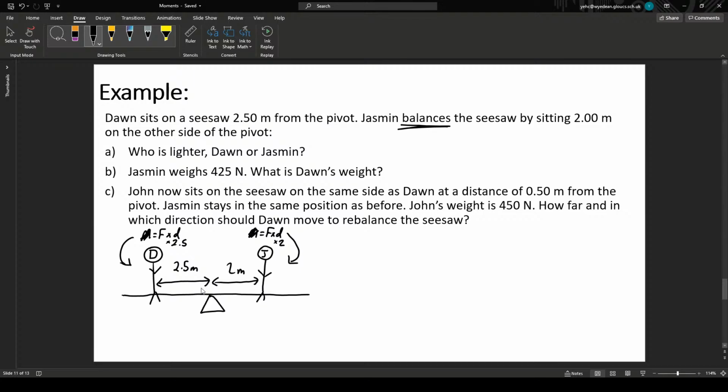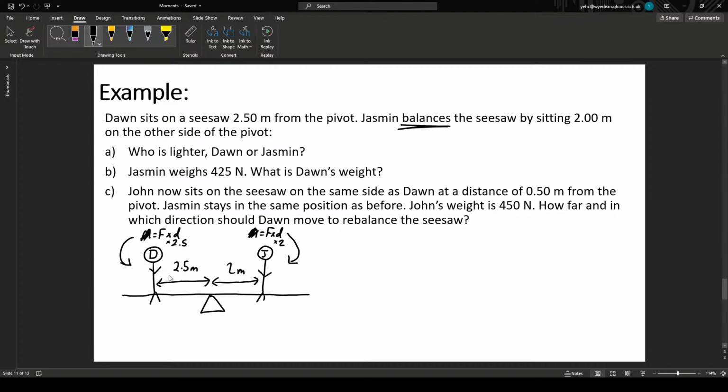If she was the same weight as Jasmine, then Dawn would have a greater turning effect. If Dawn was heavier than Jasmine, she would still have a greater turning effect because her distance and her force is going to be higher.